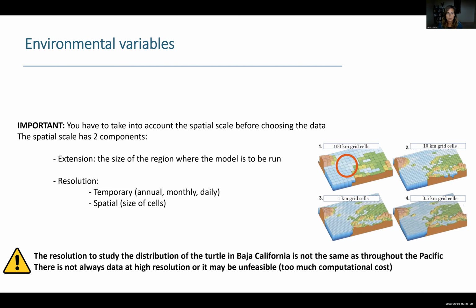For example, the resolution to study the distribution of a turtle in Baja California is not the same as through the Pacific. Sometimes we are going to need high resolution, and depending on the computer and the time you have, you also have to take into account the computational cost and whether it's worth it or not.